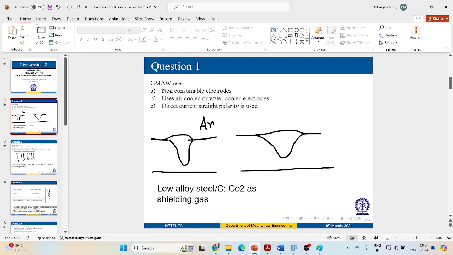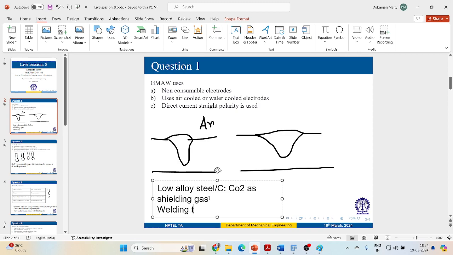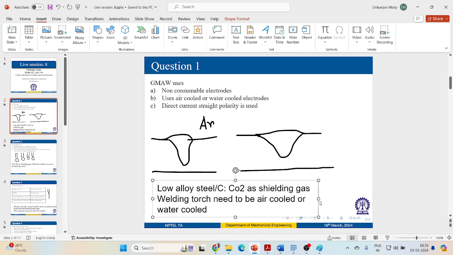So my torch has to have some kind of cooling aspect. The welding torch needs to be air cooled or water cooled. What are the three main types of MIG welding torches that you have covered in your earlier lecture?